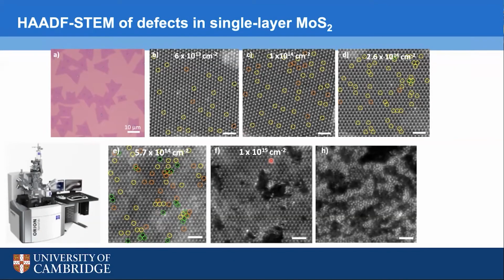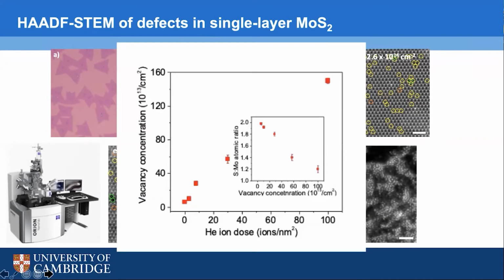Until you go to very high dosages, where you can clearly see that we've introduced structural defects, at dosages of 1 × 10⁻15 helium ions per centimeter squared. But at these sort of concentrations, we're able to remove the sulfur atoms without disturbing the structure dramatically. And so there's a direct correlation between the vacancy concentration and the helium ion dose.